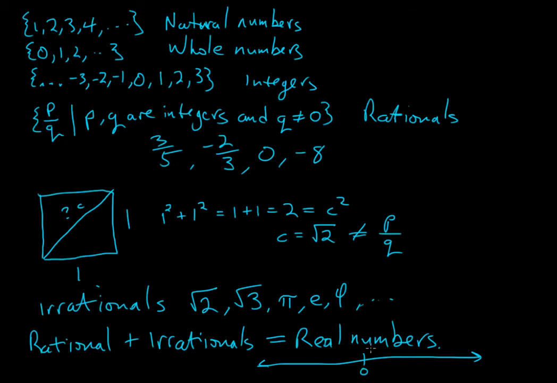You got 0 there, and you got positive real numbers on this side, and negative real numbers on this side. Now, the rationals actually do fill up those number lines pretty good, but actually there are irrational numbers in between those rational numbers. No matter how close two fractions get, you can find an irrational number in between them. That's how densely packed those irrationals are in the real line.